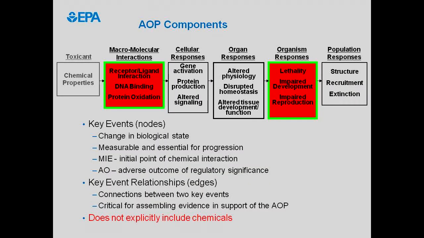As background, AOPs are actually pretty simple. They really only have two main components: key events and key event relationships. The key events are the nodes, and they represent a change in biological state.